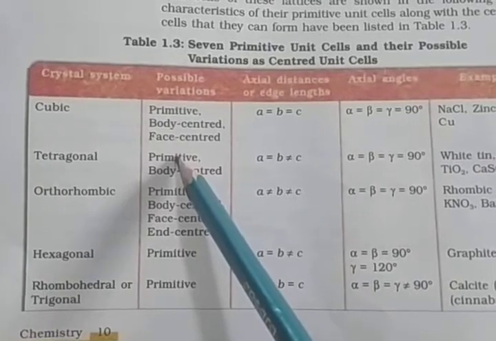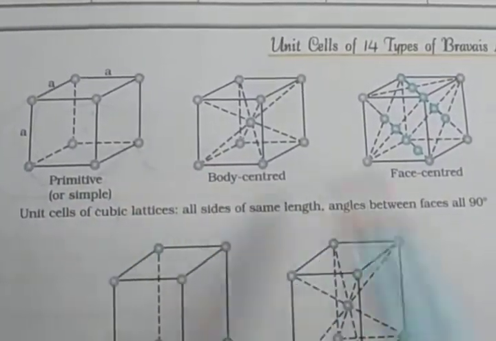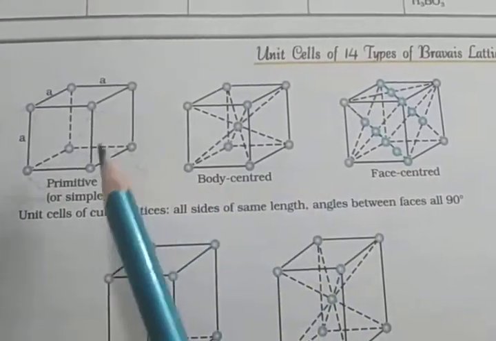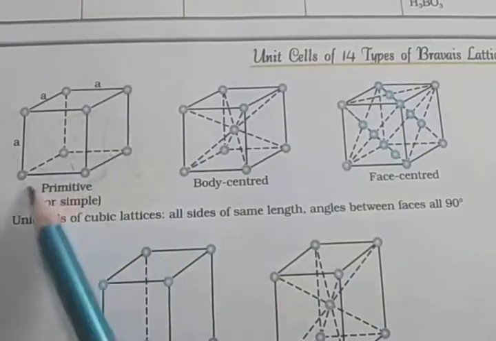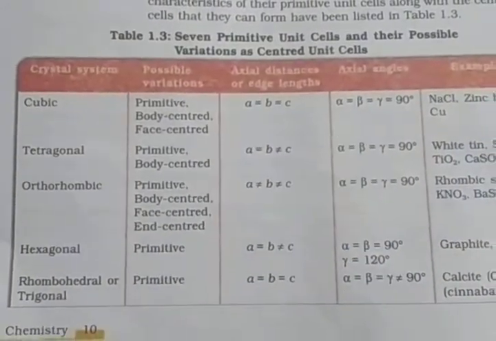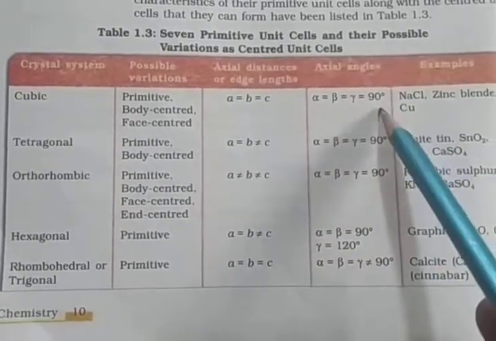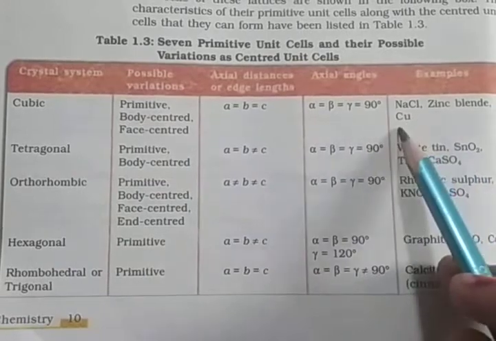In the unit cell of the cubic lattice, all sides are of the same length and the angles between faces are all 90 degrees. Edge length A is equal to B is equal to C, and the axial angles alpha, beta and gamma are all equal to 90 degrees. Examples of the cubic crystal system are NaCl, zinc blende and copper.